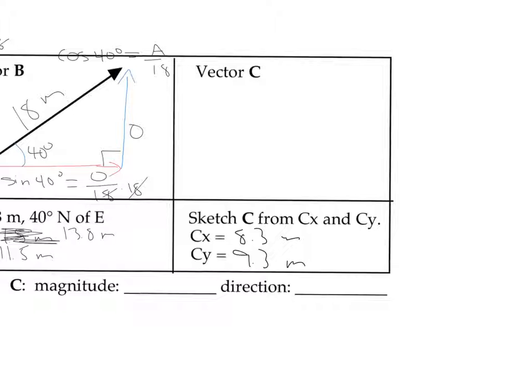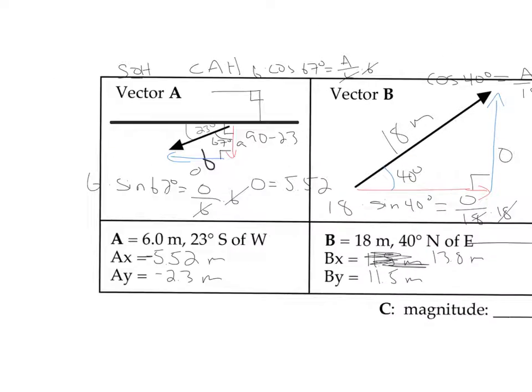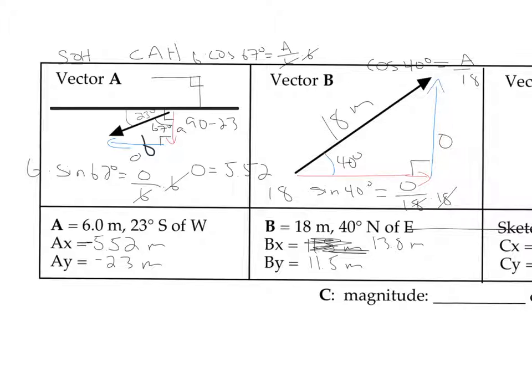So now I've got my two sides of my final triangle. Remember, what we're really trying to find is what happens if I take this vector, right, which looks like this, and I add it to this vector, which looks something like this.